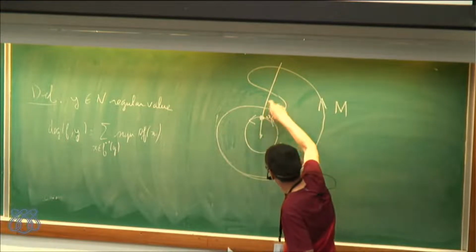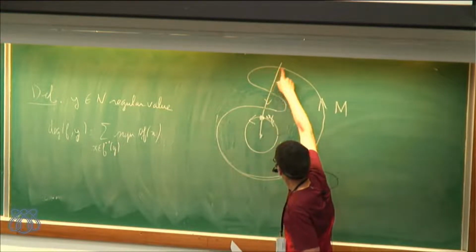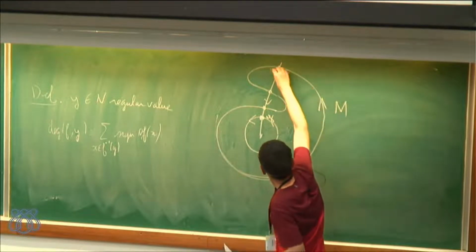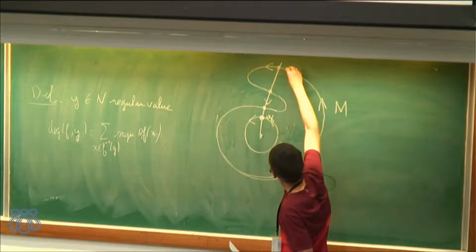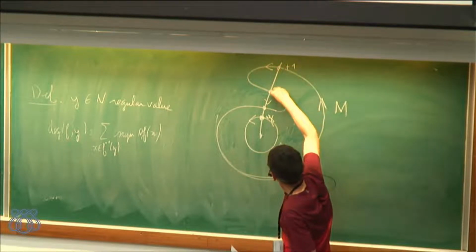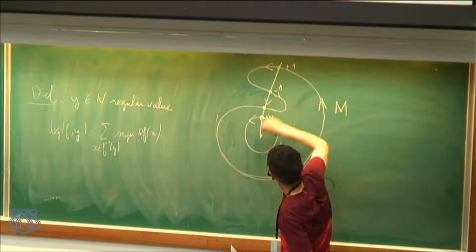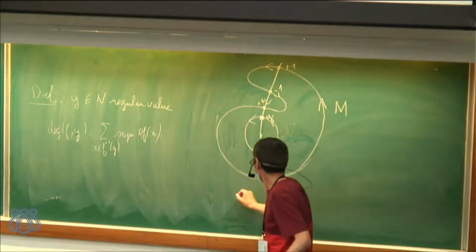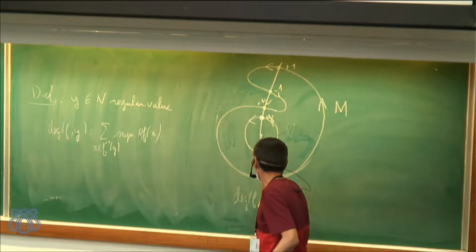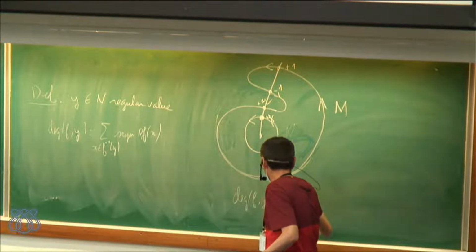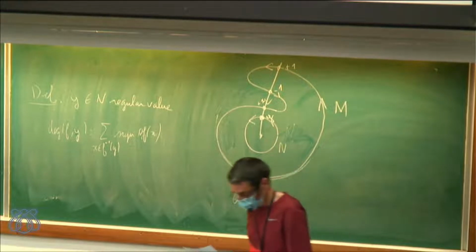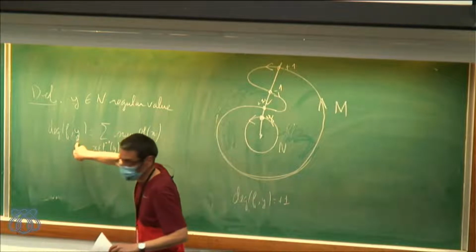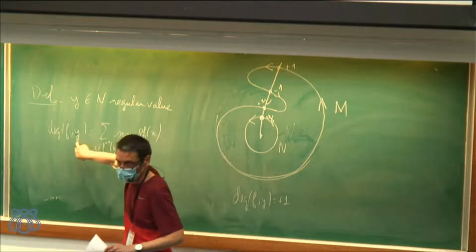And we have 3 pre-images here. So here the orientation is preserved, so the sign is +1. Here the orientation is reversed, -1, and here it is +1. So here the degree of F at y is +1.